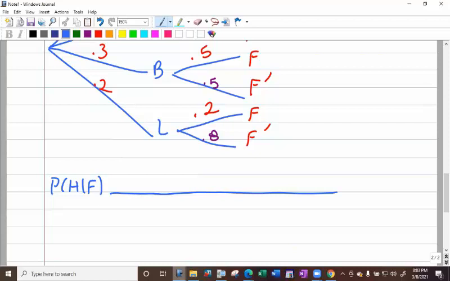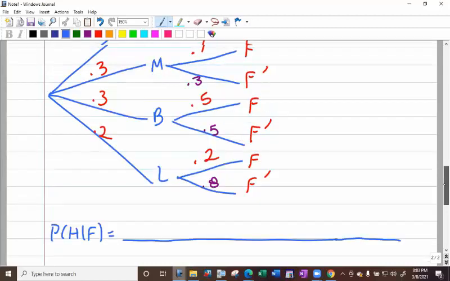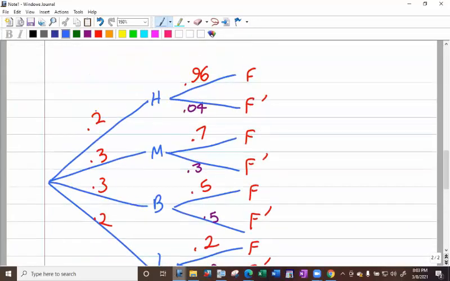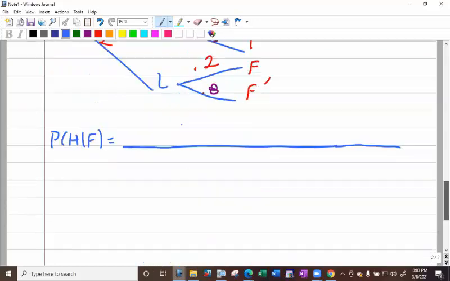Go right to this. Okay. So huge success and favorable on the top is going to be 0.2 times 0.96. I'll just put that problem on the bottom.